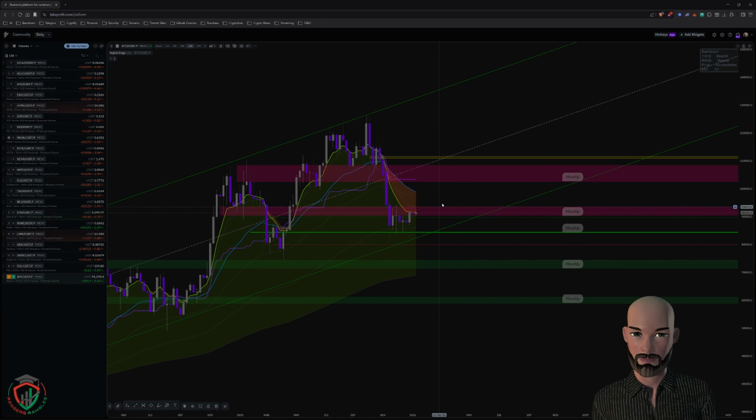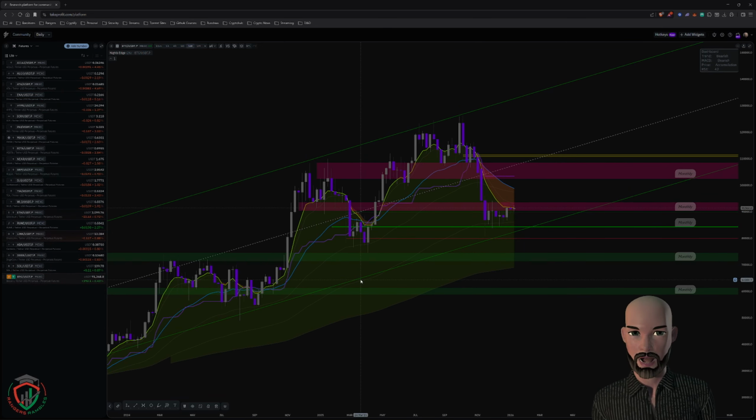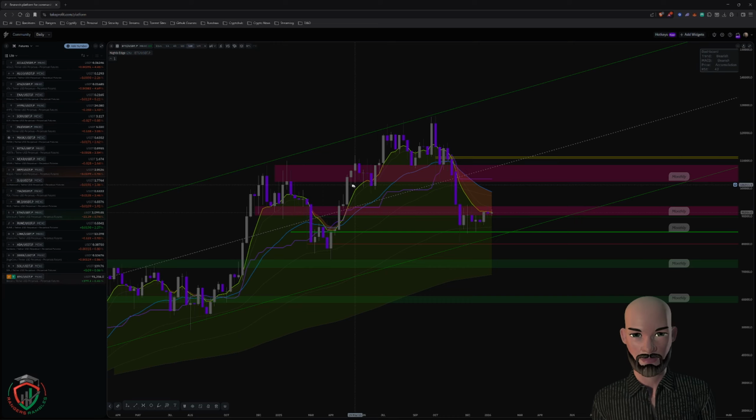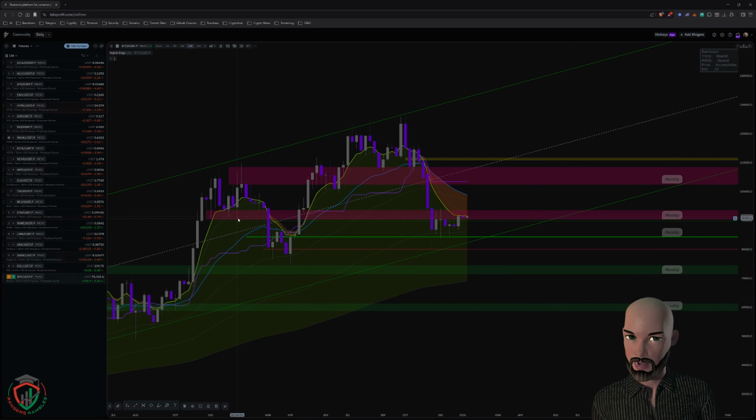Okay, so now on the weekly, we can see that a lot of these are going to respect. But we've also got like little intraday levels. So where we are currently, we're right in between a monthly demand zone or supply zone.